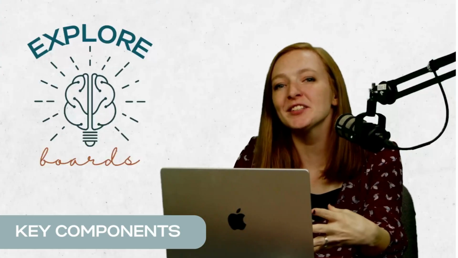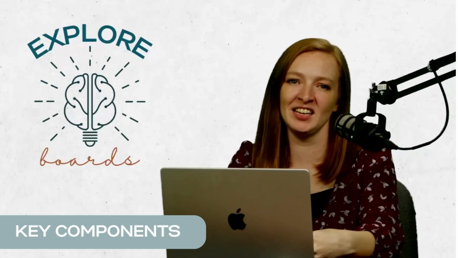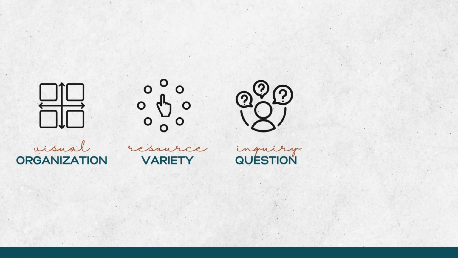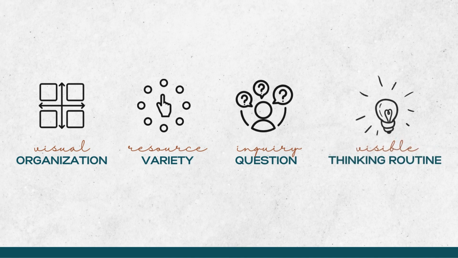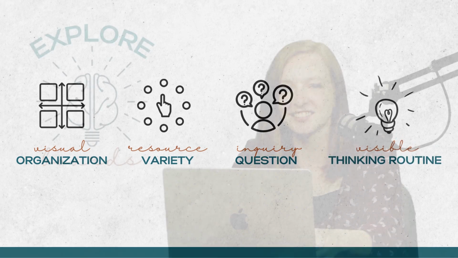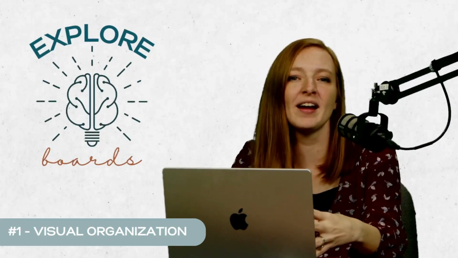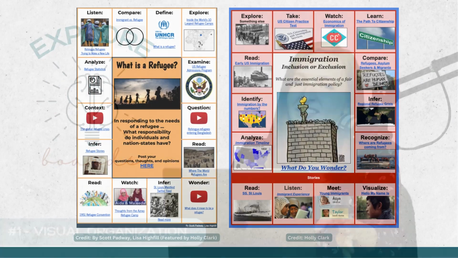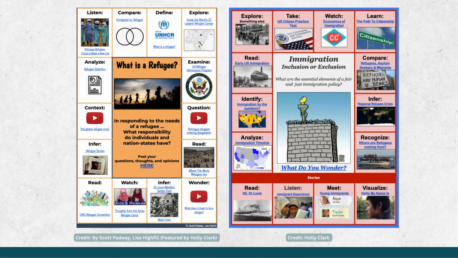So Explore boards are made up of 4 key components: visual organization, resource variety, an inquiry-based question, and a visible thinking routine. Let's start with number 1, visual organization. How you organize your content makes a difference.